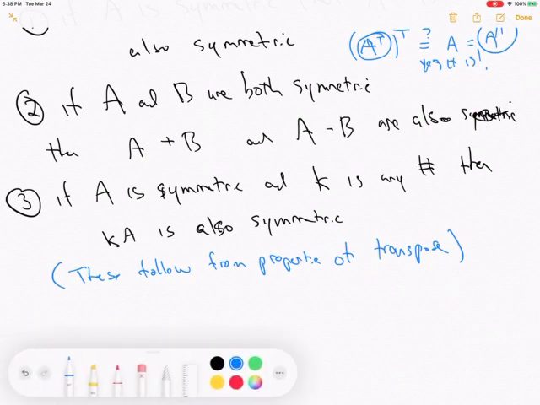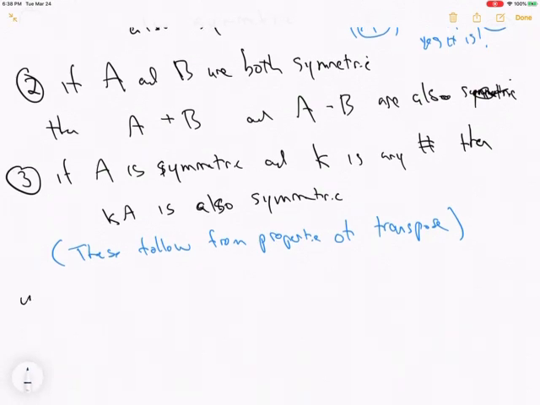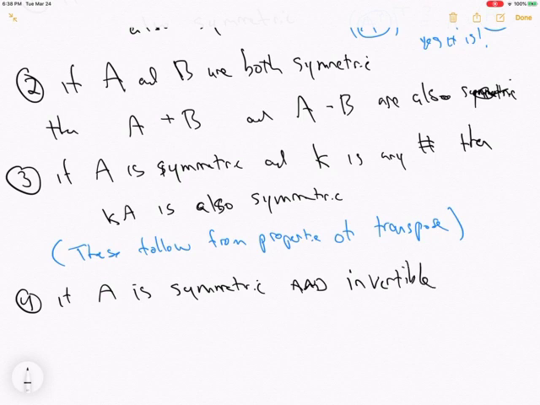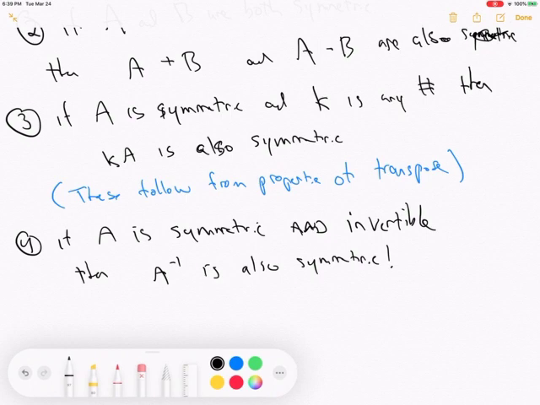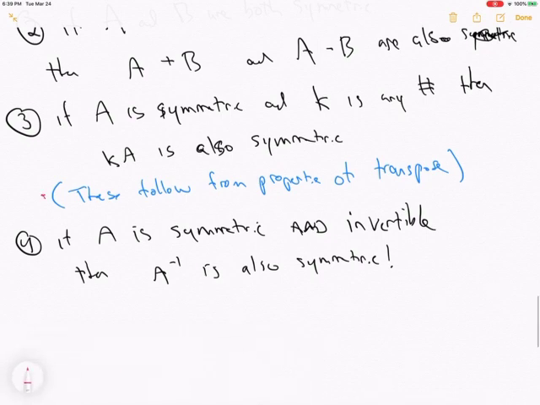Okay, and here's a fourth property. If A is symmetric and invertible, then its inverse is also symmetric. Again, these all follow from the properties of inverse.